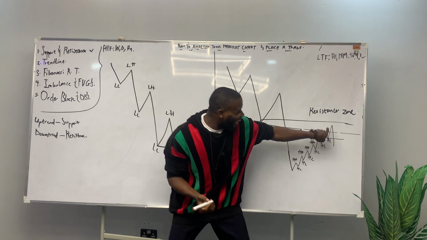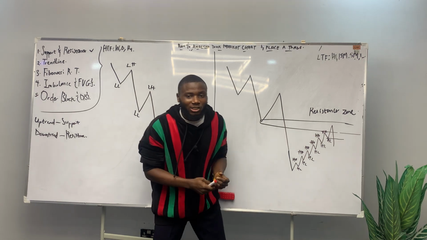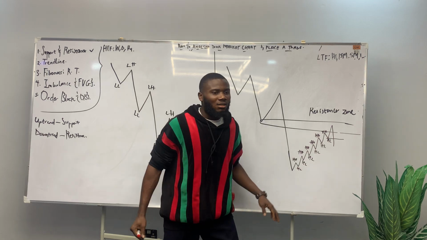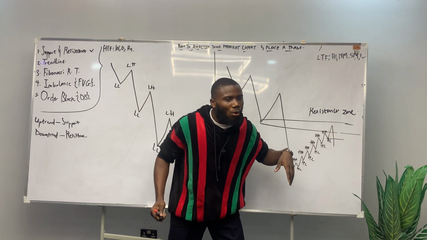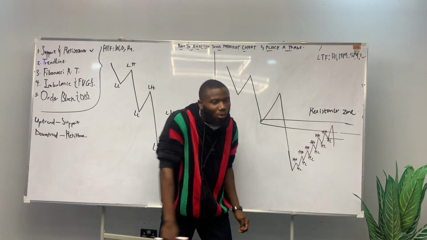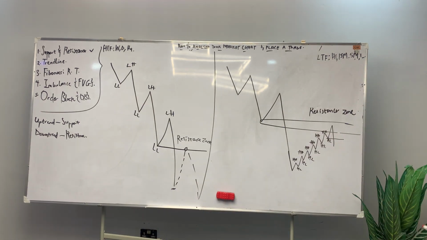Now it has entered the zone. Well, you cannot enter like that, or place a trade at once. No, you have to wait for it to change direction. So now, look, it has broken this higher low, right?